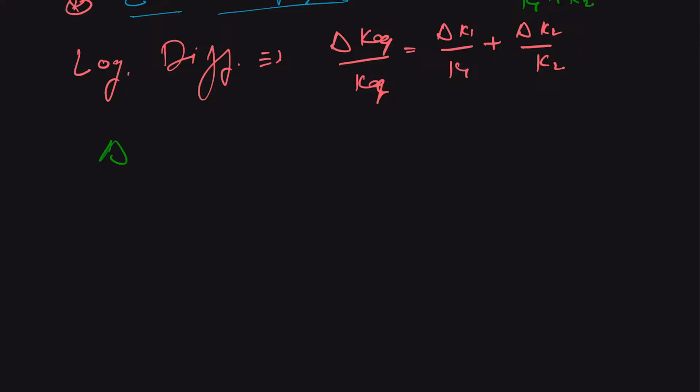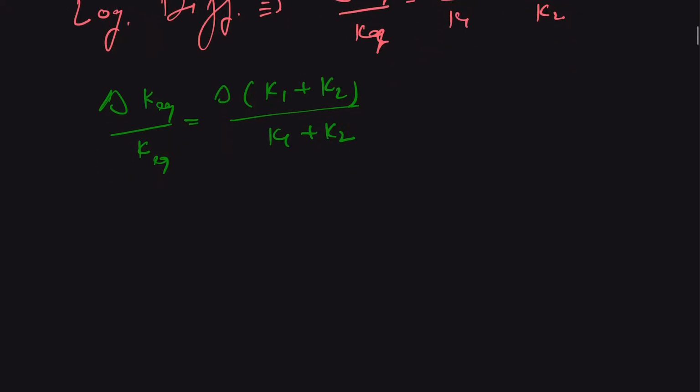This gives us delta K equivalent upon K equivalent is equal to this, where we write K1 plus K2 and delta K1 plus K2. And we are supposed to find the maximum error, so the absolute values are going to add.